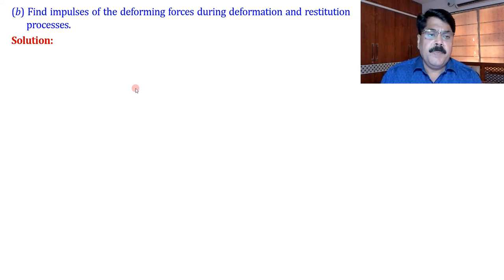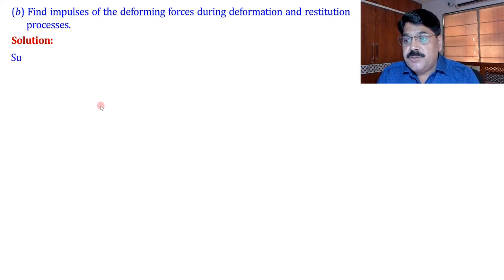Or you can do one thing. You can find the velocity at the time of maximum deformation by using conservation of momentum. Till that time, the decrease in momentum of ball A, or the increase in momentum of ball B, is the impulse of deforming forces during the deformation period. And by the same velocity, you can find the change in momentum of ball A, that is the impulse of deforming forces during the restitution period.